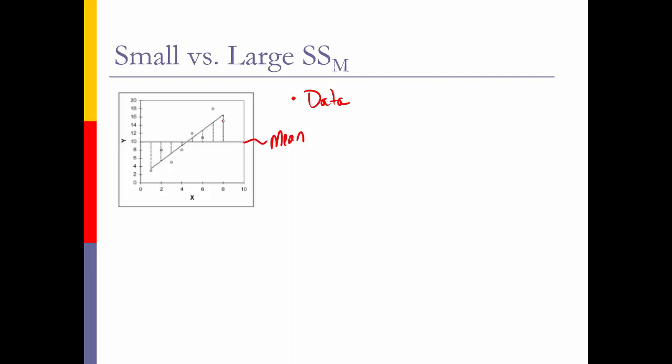And the line here is essentially the model. So if you have very, very small sum of squares, so let's redraw.